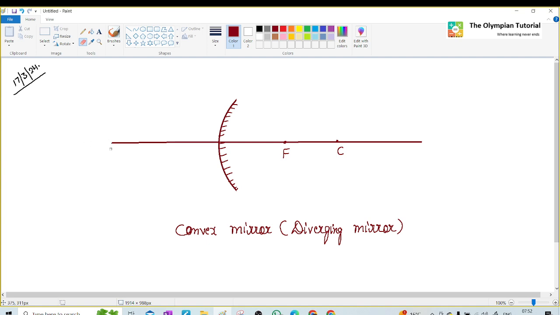Make a very neat, clean, beautiful diagram. Use a sharp pencil. This one is A, this one is B, this is at infinity. Rays are coming like this.